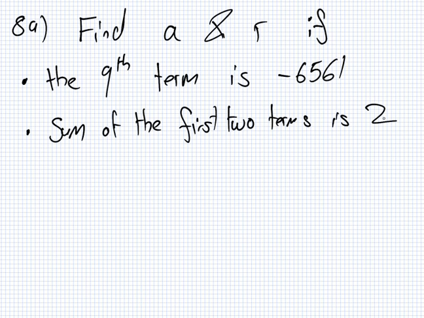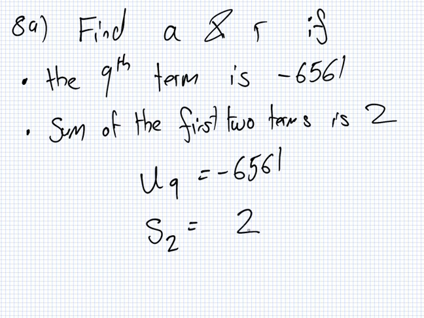Okay, so this one is a little tricky. Right, I can scroll down. Yeah. So we have U9 equals minus 6561 and S2 equals 2.